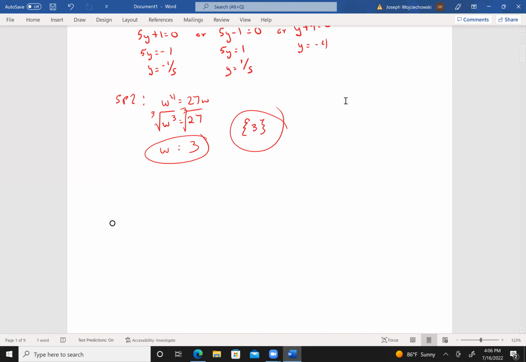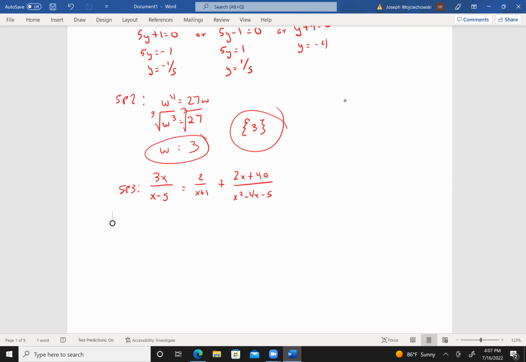Okay, now we're going to get into the rational equations. So looking at skill practice 3, we have 3x over x minus 5 equals 2 over x plus 1 plus 2x plus 40 over x squared minus 4x minus 5.